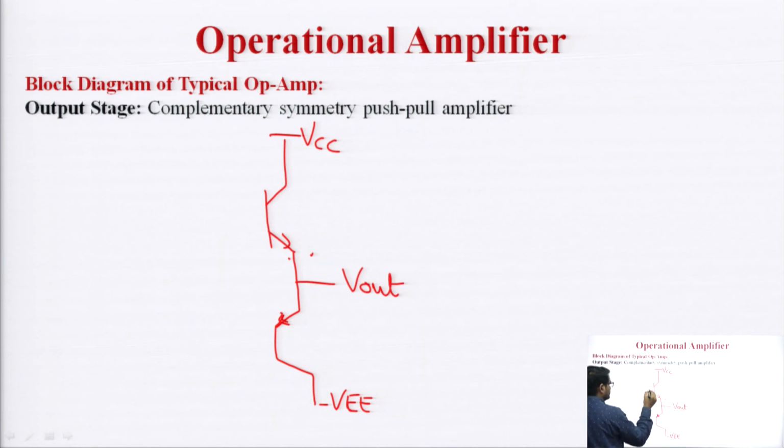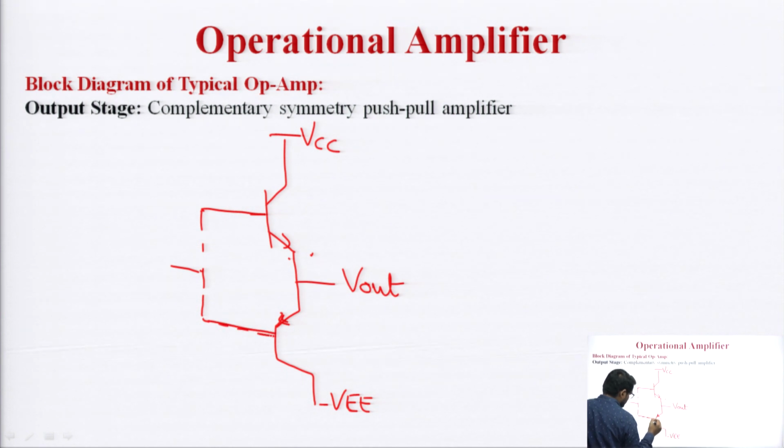This is the V out. The output will be taken from the base. So, this is the NPN transistor, this will be the PNP, and the output is taken from the internal stage.